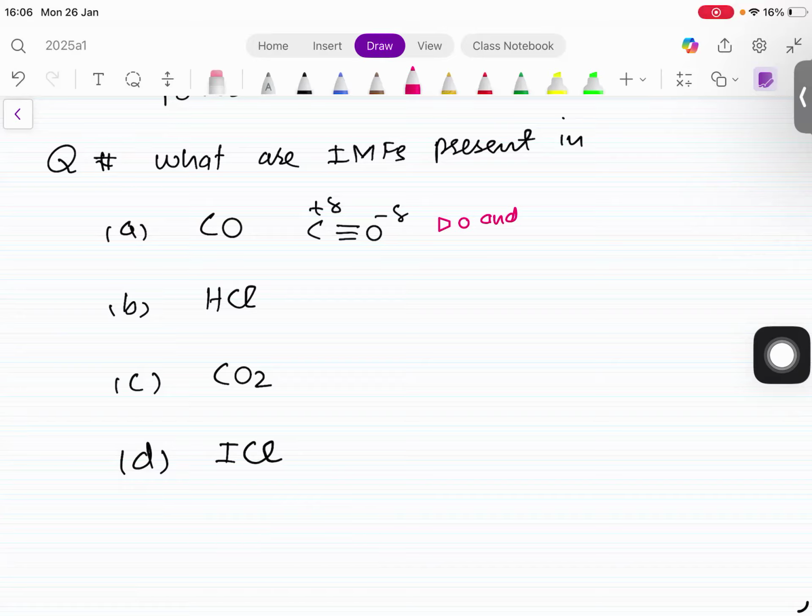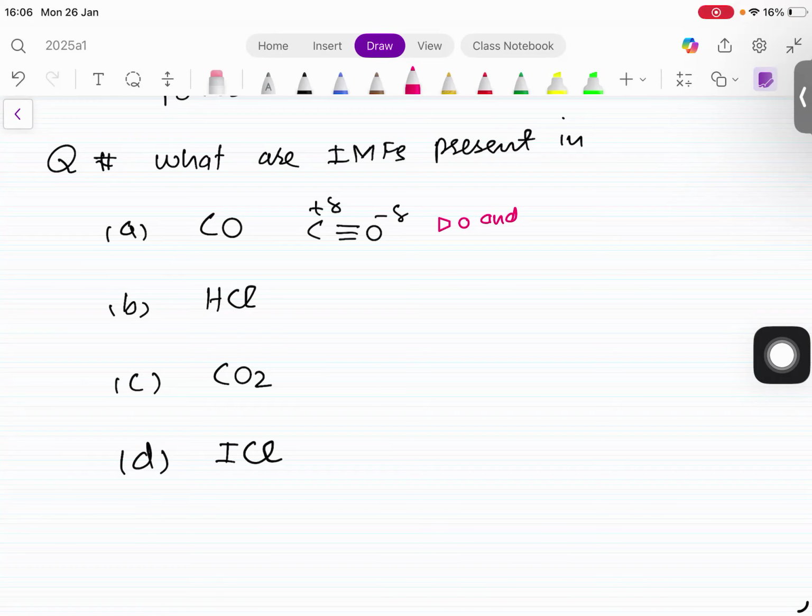The other day we found out the overall bond polarities cancel out each other; the dipole moment for carbon dioxide was found to be zero. So it's non-polar, and only DID or IDID forces are present. And the last one, ICl, is polar, so it has both.